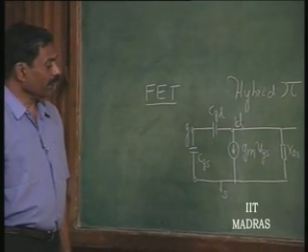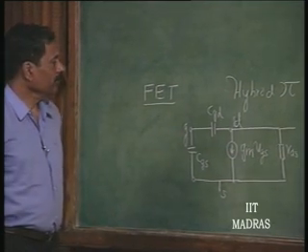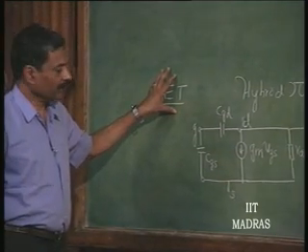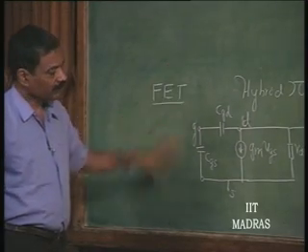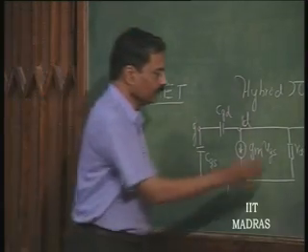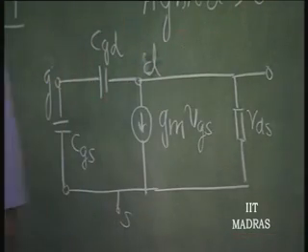In most of the cases, this is the high frequency equivalent circuit of the FET, okay, JFET or MOSFET. It is the same equivalent circuit. Only difference is if these are discrete circuit, this is the equivalent circuit.